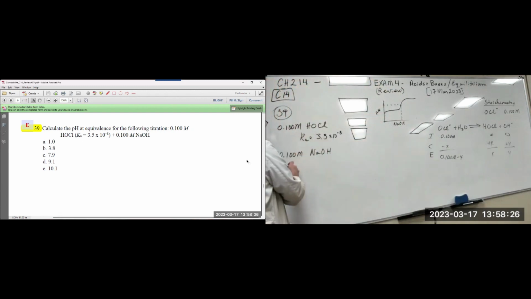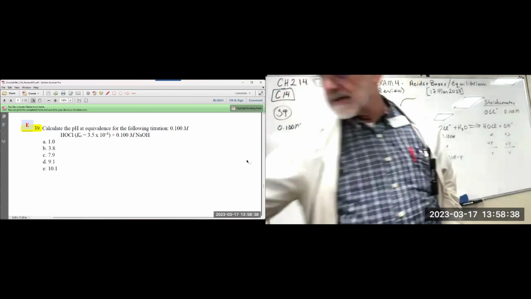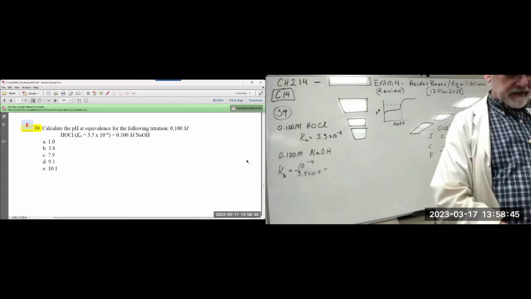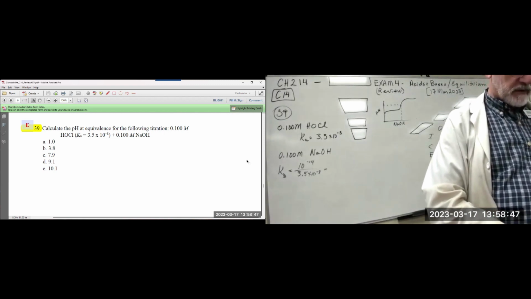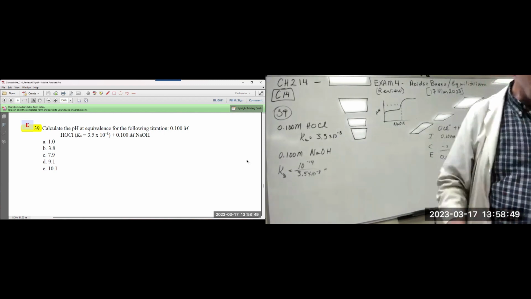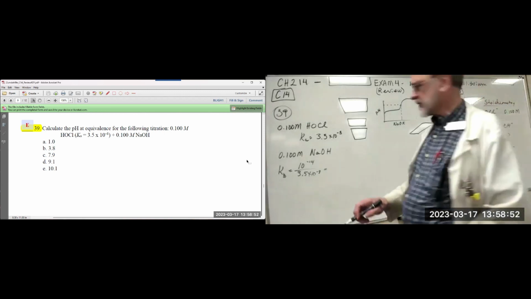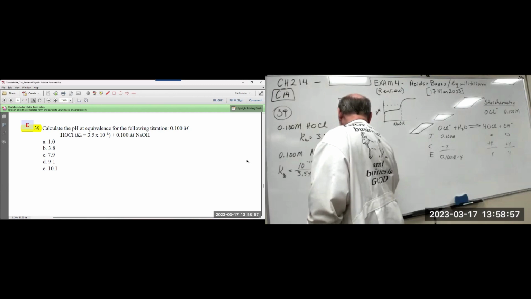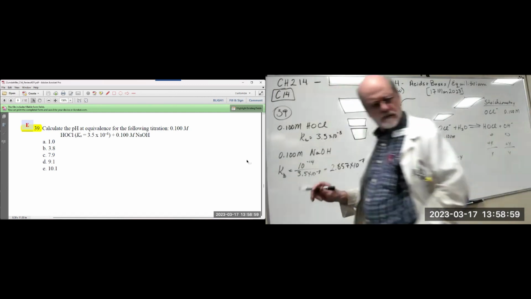Okay. So we need a Kb for that one. There's the Ka. So the Kb is going to be 10 to the minus 14 divided by 3.5 times 10 to the minus 8. That's 2.857 times 10 to the minus 7.